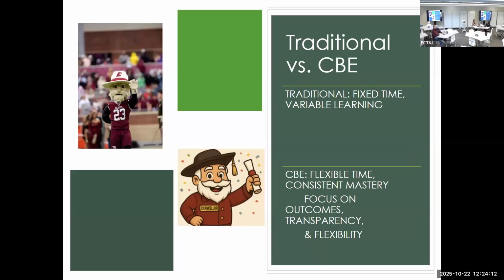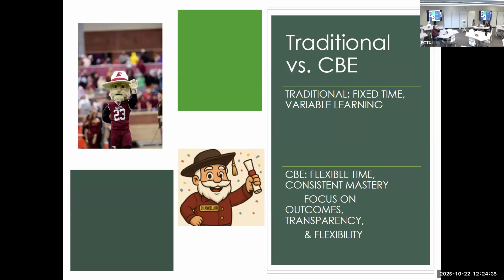So the first thing we want to talk about is a traditional class versus a competency-based education class. A traditional class, really short and sweet, is fixed timing. For the purposes of this, we were converting a 7-week online class into a CBE class.